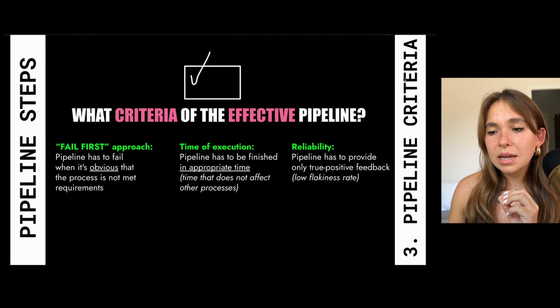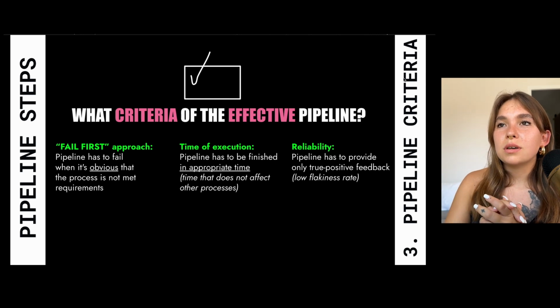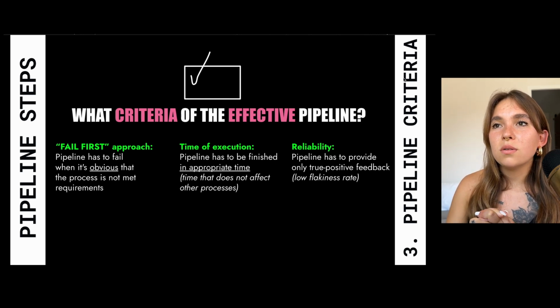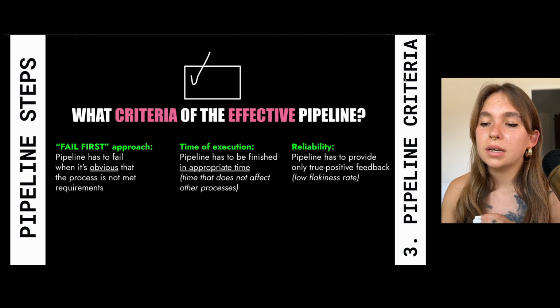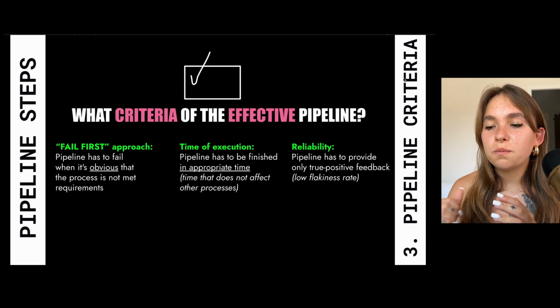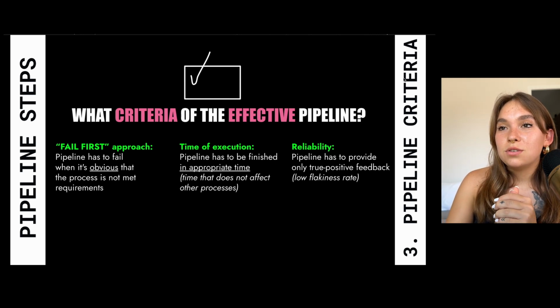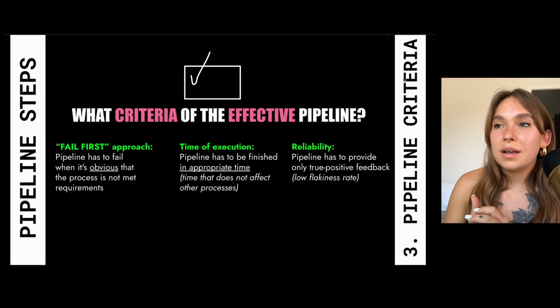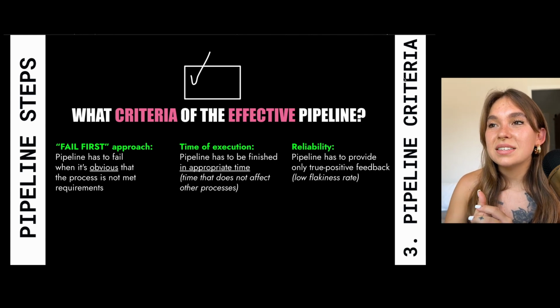Another point is reliability. I think that's one of the most important, because otherwise our pipeline and all our previous steps don't make any sense. So the pipeline has to provide only true positive feedback. In terms of metrics, it means a low flakiness rate, because the situation when the pipeline gives us feedback but this feedback doesn't show reality is really bad.